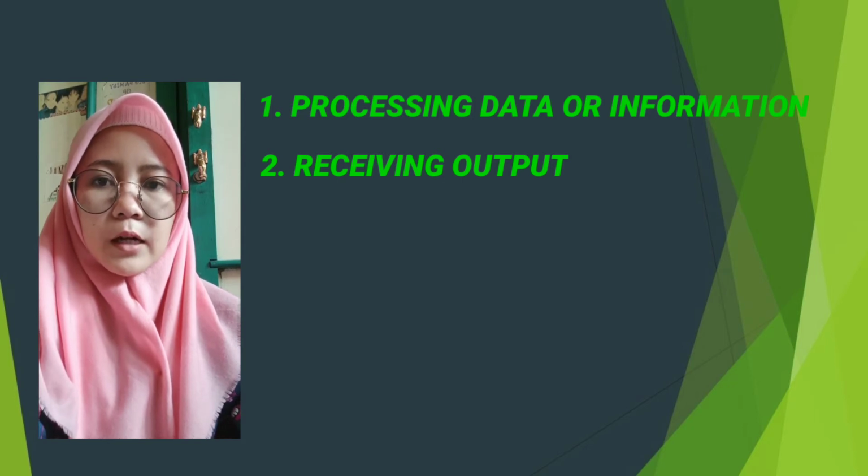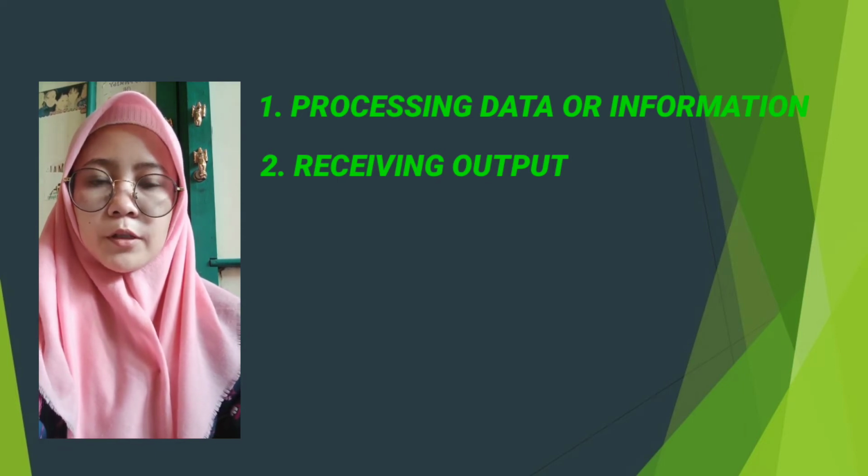There are several pieces of hardware that have a special function in receiving input from the user. That way, the hardware will process it into new information. In this case, the data received from the input can be transferred to the output.